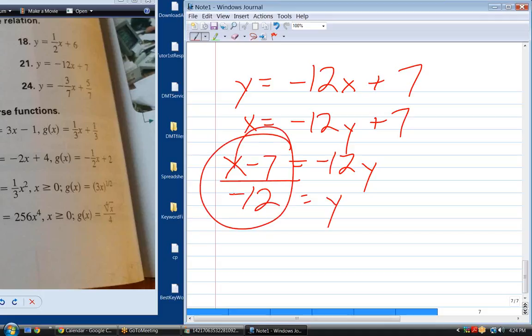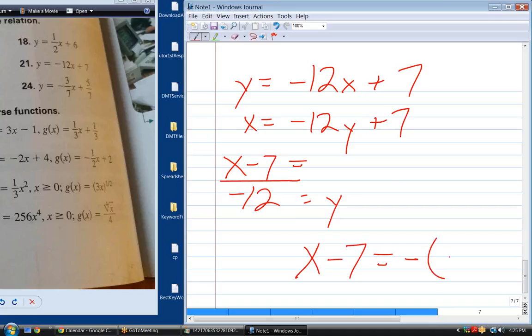Now, there's your answer, and let's just talk briefly about why I prefer a different way. Notice that we've got two negative signs here. Well, x minus 7 is always equal to the negative of 7 minus x. A minus B is always equal to negative B minus A. So if I switch these two around, I get negative 7 minus x.